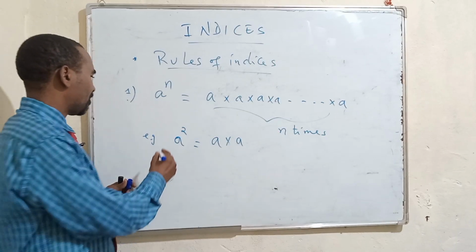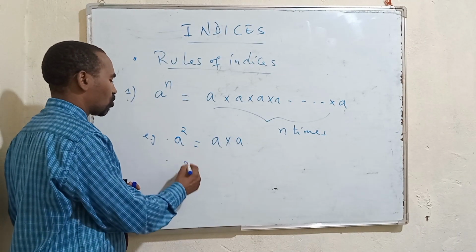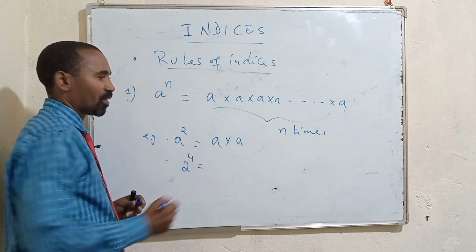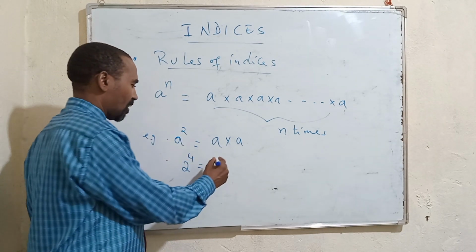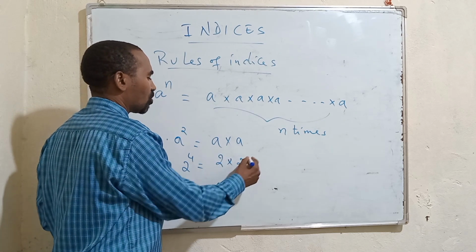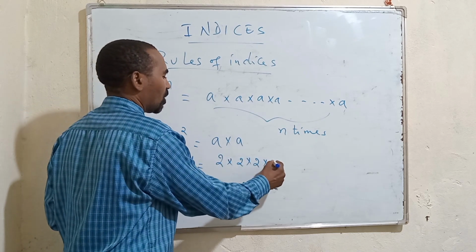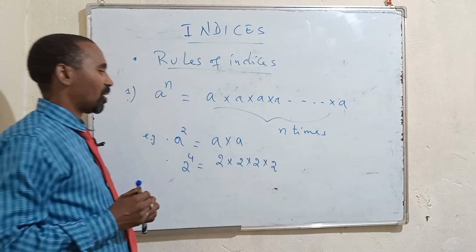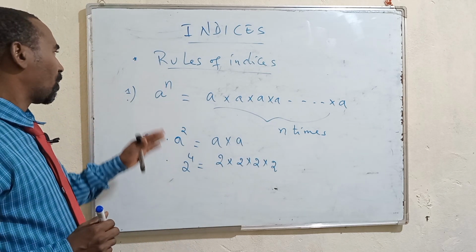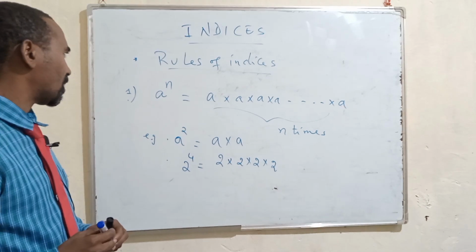When you have 2 power 4, this will be 2 times itself 4 times: 2 times 2 times 2 times 2, 4 times, 1, 2, 3, 4. This is how we perform the indices.